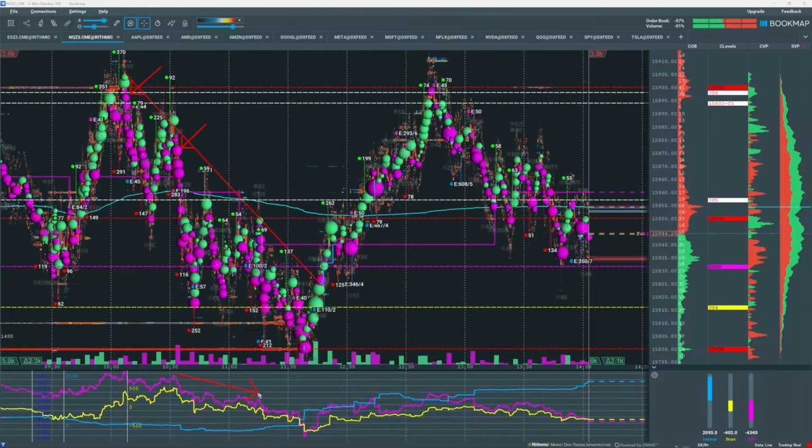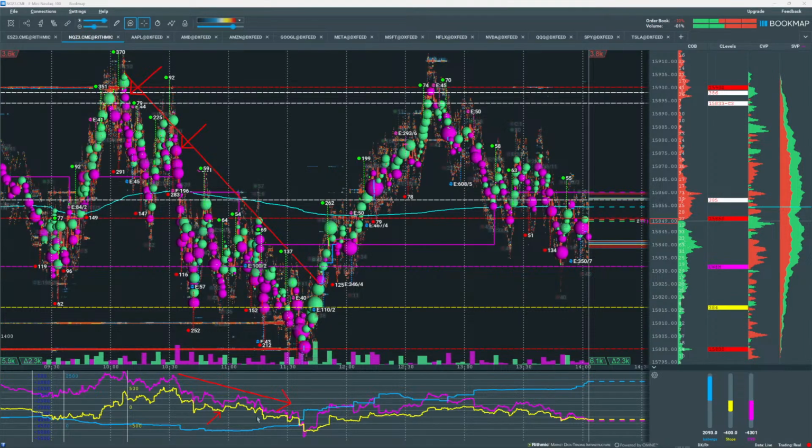And then at that time, CVD, the pink line in the subchart, starts to shift lower, and then the move lower is fueled by sell stop orders as well, shown by the falling yellow line. And that was good for about a 100-point move in NASDAQ from 900 to 800. And then that level did act as resistance again.